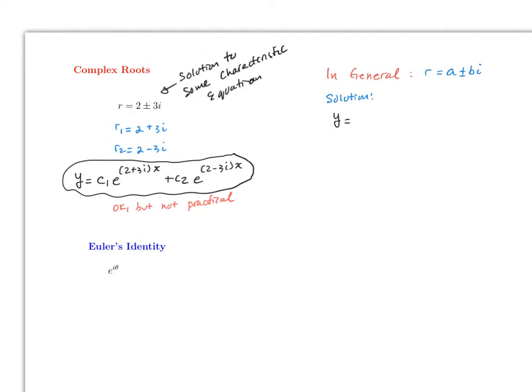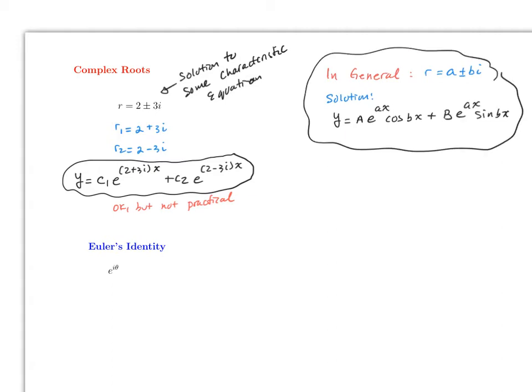We're going to have y equals c1 e to the ax, remember, you can change it to t, but we'll stick to x for now, cosine bx plus c2 e to the ax sine bx. So every time you have a complex solution to the characteristic equation, this is how the solution is going to look.